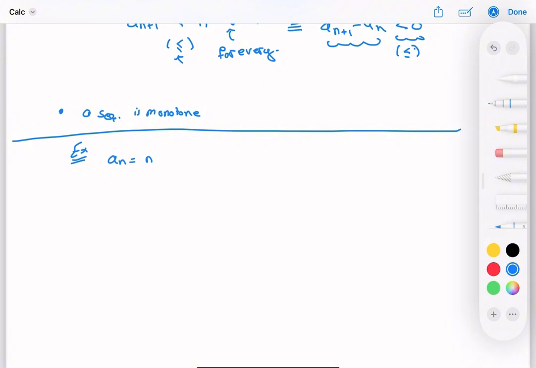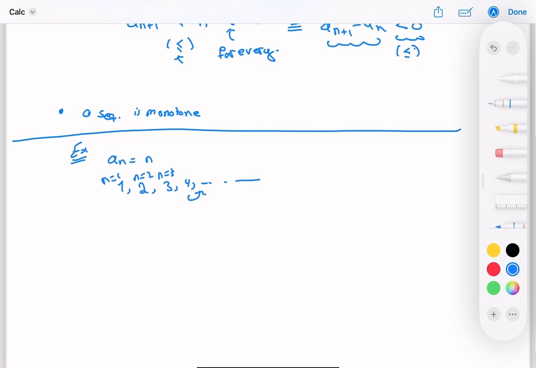If you list the elements of this sequence, at index 1 you have 1, at index 2 you have 2, and then 3, and then 4, and so on, because this is n equals 1, this is n equals 2, this is n equals 3, and so on. And if you look at this sequence, every time you go to a higher index, you see that the terms are getting bigger. So it seems like this sequence is increasing.